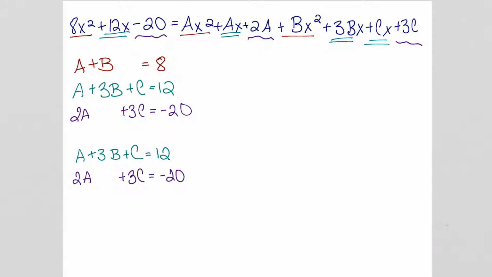Now, which one do I want to get rid of? I want to be left with A and B so I can do something with that first equation. So we need to get rid of C. So to get rid of C, we're going to multiply the top by negative 3.